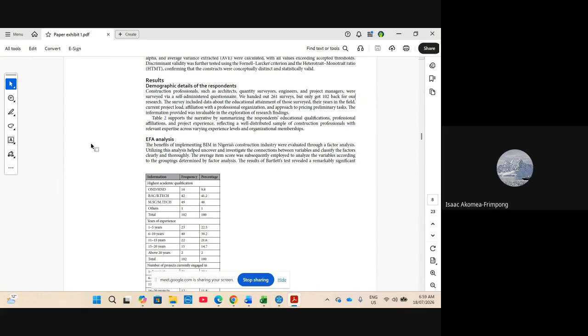So if you are going to use the age, the number of years of experience of your respondents, and the educational level as your moderating factors or control variables, then you can't skip them. You have to put them in the demographic section of your questionnaire. So that's the first one.